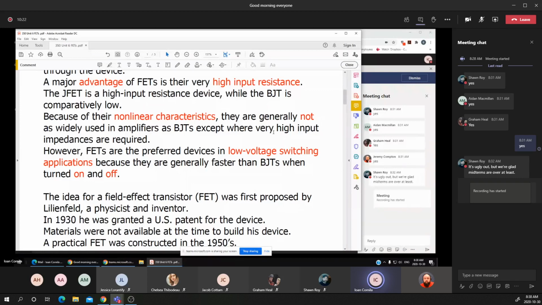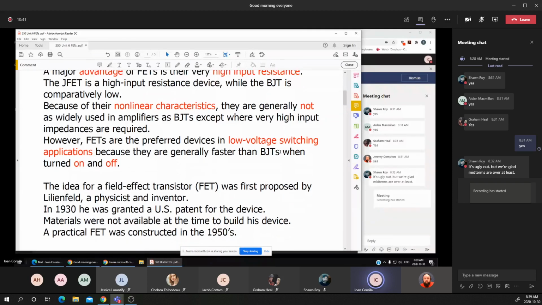That's why most of the time you are seeing FETs used in low voltage applications. I'm talking about low voltage like 3 volts, 2 volts, 5 volts, or less than that, in switching applications.